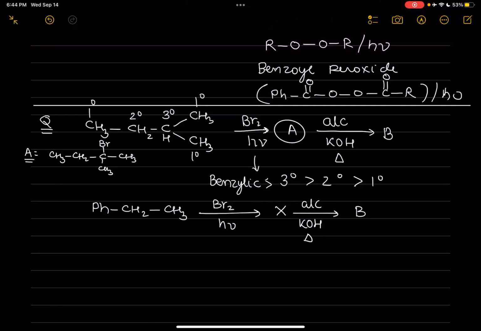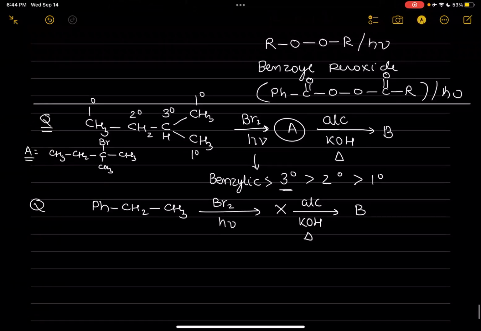Is it clear? Anushka, Imad, clear to both of you? Yes, sir. This is tertiary. Benzylic is not there. Benzylic is there in the lower question. So this is A.